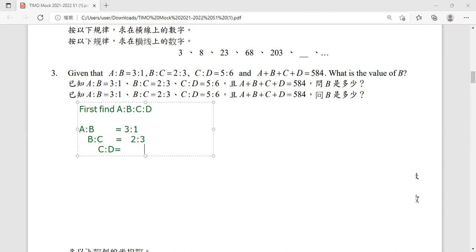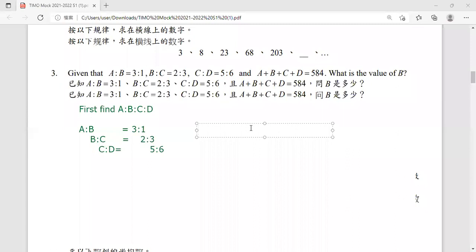This is 5 to 6. Now, of course, you will know that it will become the common multiple of 2, 3, and 5. So I think I should multiply by 30. Okay, the first one is only 15.